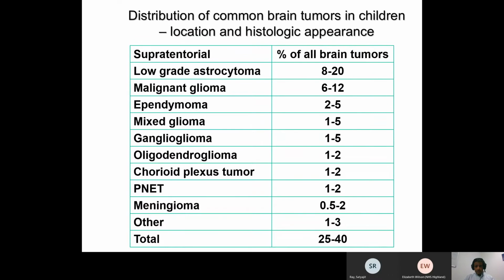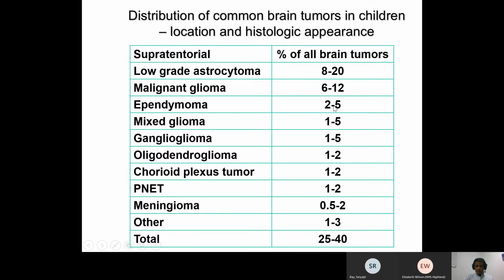So in terms of distribution, in the supratentorial ones, astrocytic tumors are more common here, whereas the medulloblastomas were more common in the infratentorial one, 8 to 20%. Low-grade ones. The malignant gliomas, 6 to 12%. So as a group, astrocytic tumors are the most common in the supratentorial compartment.